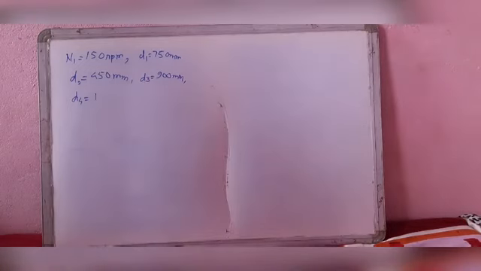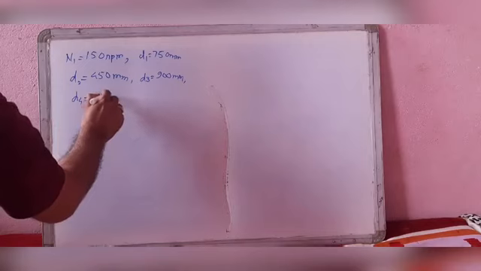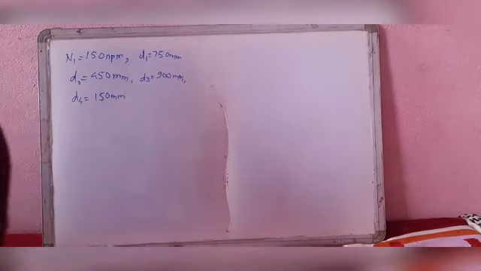The data given here: N1 equal to 150 rpm, D1 equal to 750 mm, D2 equal to 450 mm, D3 equal to 900 mm, D4 equal to 150 mm.